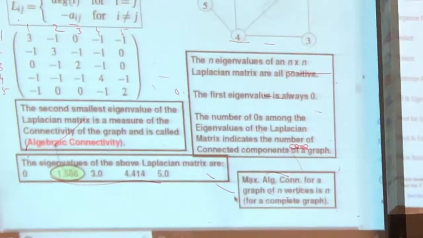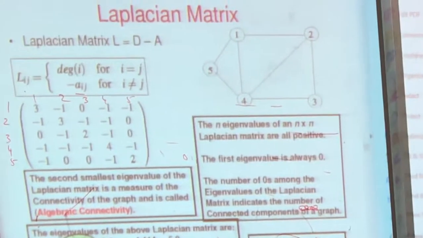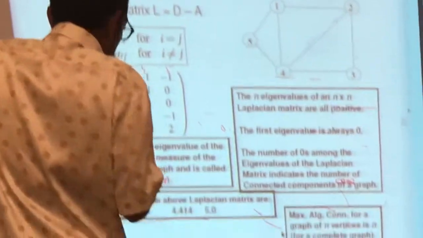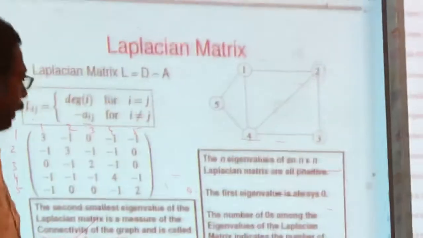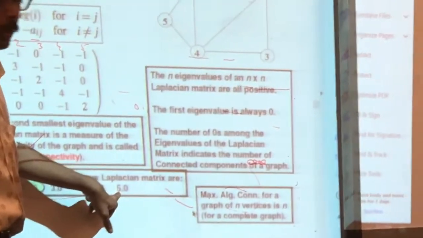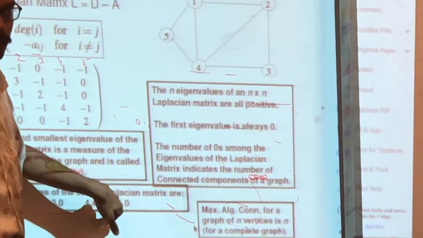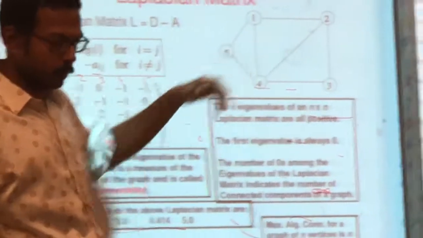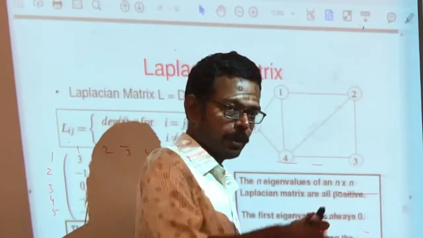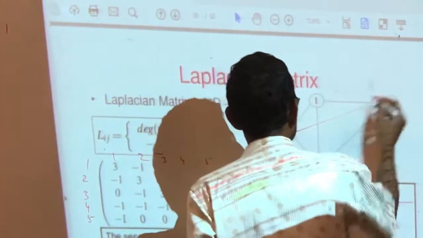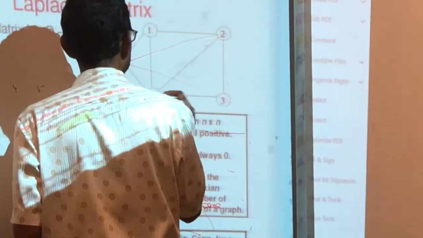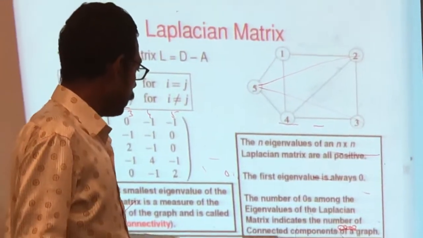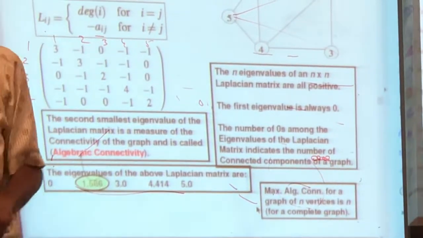Now, you could wonder about this 1.586, how much connectivity is there. Look at the largest eigenvalue that you got, which is 5. If the graph was a complete graph, so if all these 5 vertices have edges between them, like 1 is connected to 2, to 5, and so on, every vertex is connected to every other vertex, then the eigenvalue could go all the way up to 5.